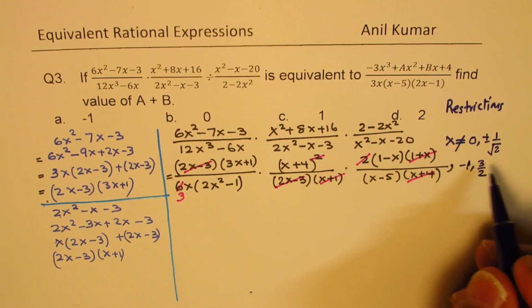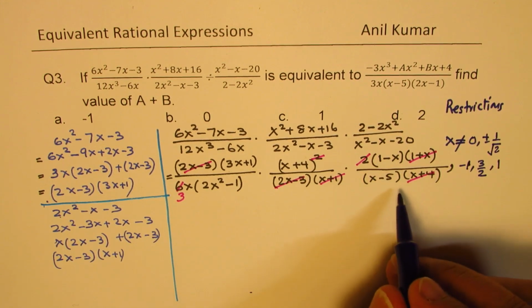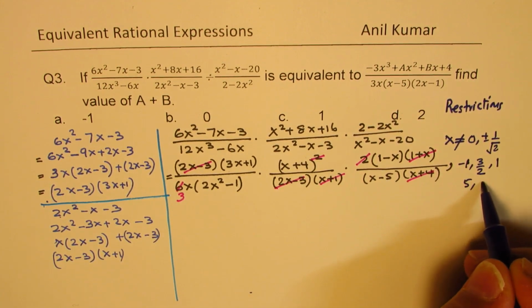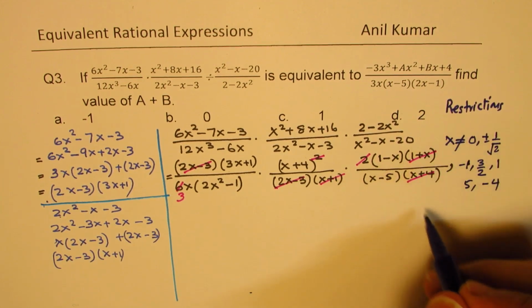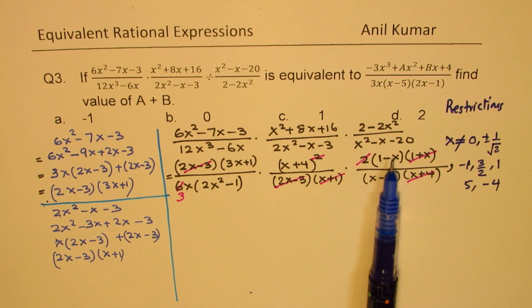So we have to take both negative and positive. So it cannot be 1. It cannot be 5. And it cannot be minus 4. So these are all the restrictions which apply to our rational function. Is that clear to you? So when you are dividing, you have to include restrictions of numerator and denominator both.